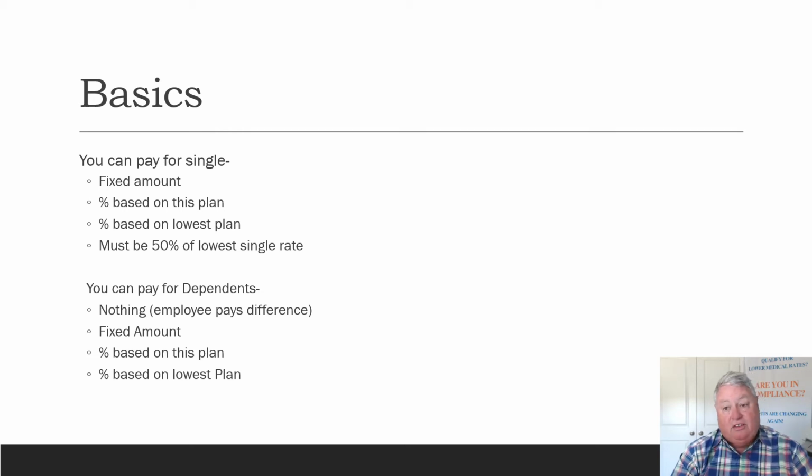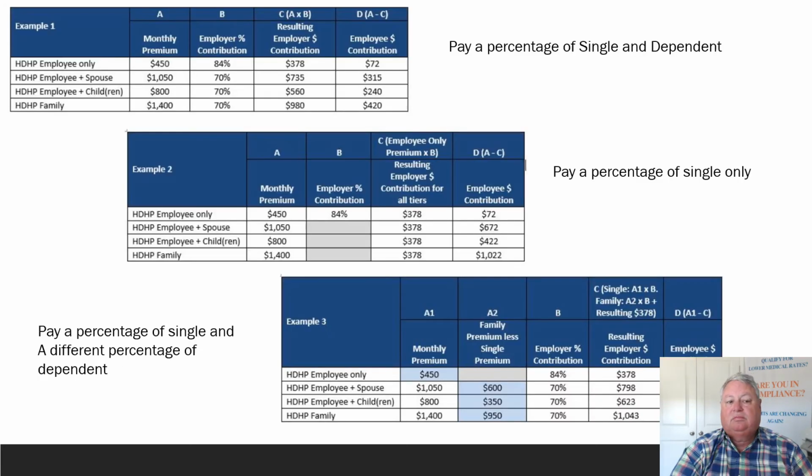For dependents, as I said before, you don't have to contribute toward dependents, but if you do, you can contribute a fixed amount. And again, you can contribute a percentage based on the plan that they're in or that they've chosen, or you can take a percentage based on the lowest plan that you're offering.